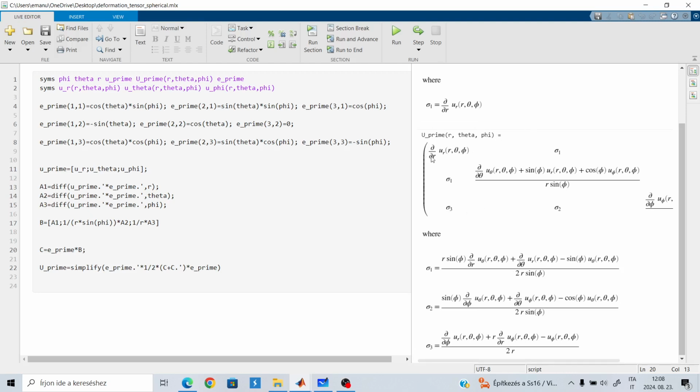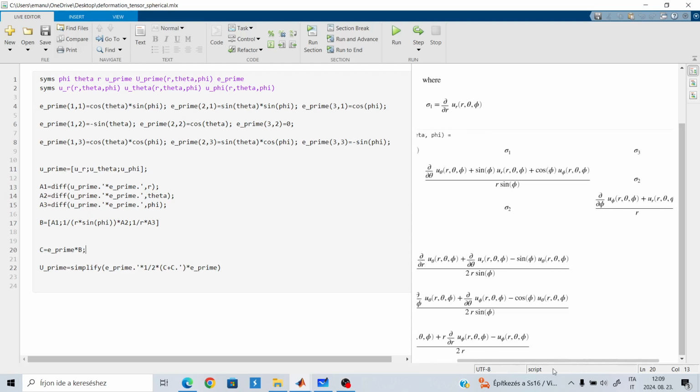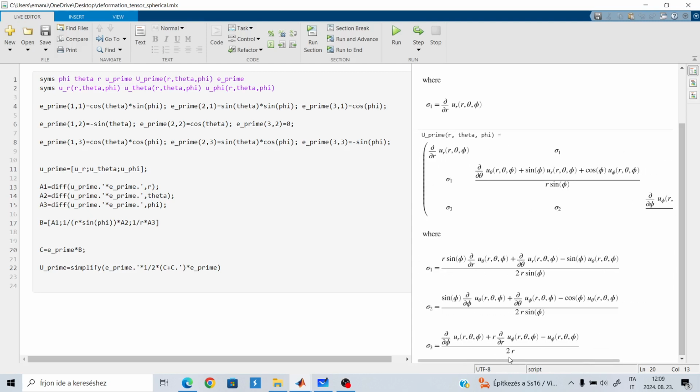For example, the first entry would be U sub r sub r. So U sub r sub r is the derivative with respect to r of U sub r, the first component, the component along r of the displacement vector. And similarly, you can get all the other components.